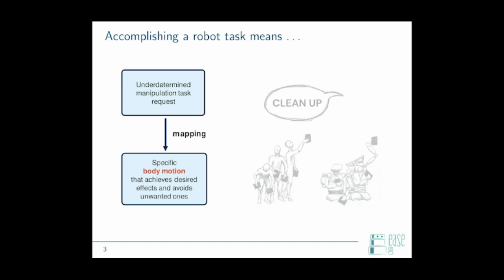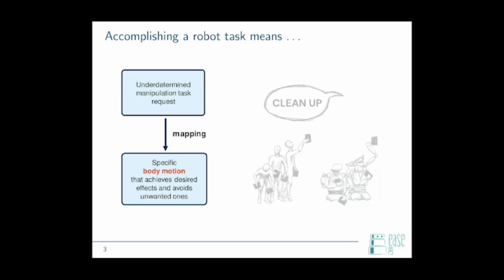Underdetermined manipulation requests can be something like clean up the kitchen, clean up the desk. But it can also be, for underwater robotics, something like inspect the pipeline or monitor an ecosystem on the floor of the ocean, or repair parts of an oil platform. So it's always tasks that have to be accomplished.